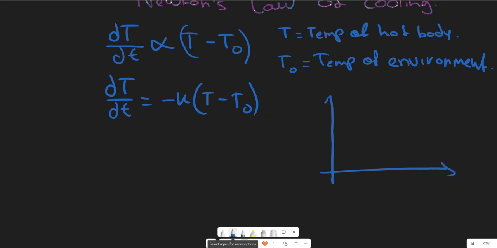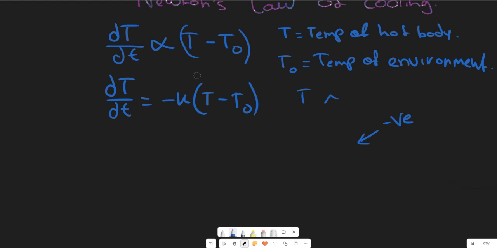So if you graph the temperature of the hot body as a function of time, it will go something like this, approaching some value that is the surroundings temperature, basically a state of thermal equilibrium, right? And if you draw a tangent line at any point, you'll realize the gradient is negative, therefore the rate of change must be negative, right?